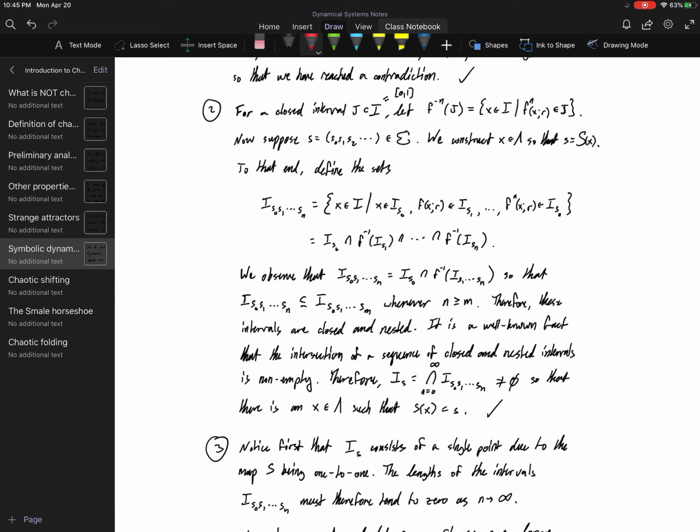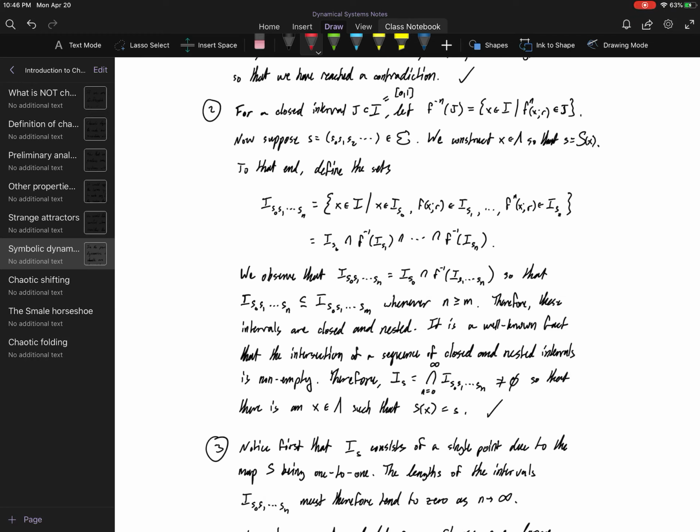So now suppose that we have a sequence in our set of binary sequences. We want to show that for any one of these sequences, there is an x in lambda that maps to it, that has that particular itinerary. So to that end, we're going to define some progressively more restrictive sets.